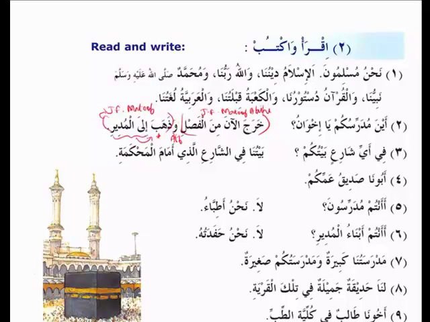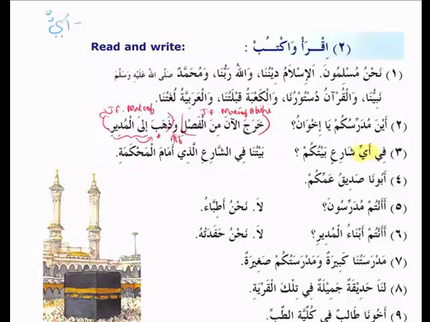Fi ayyi shari'in baytukum. Here you have a new word, ayyi. In which street? Shari'in is street. In which street is your house? This word ayyi, it is actually the word ayyun.